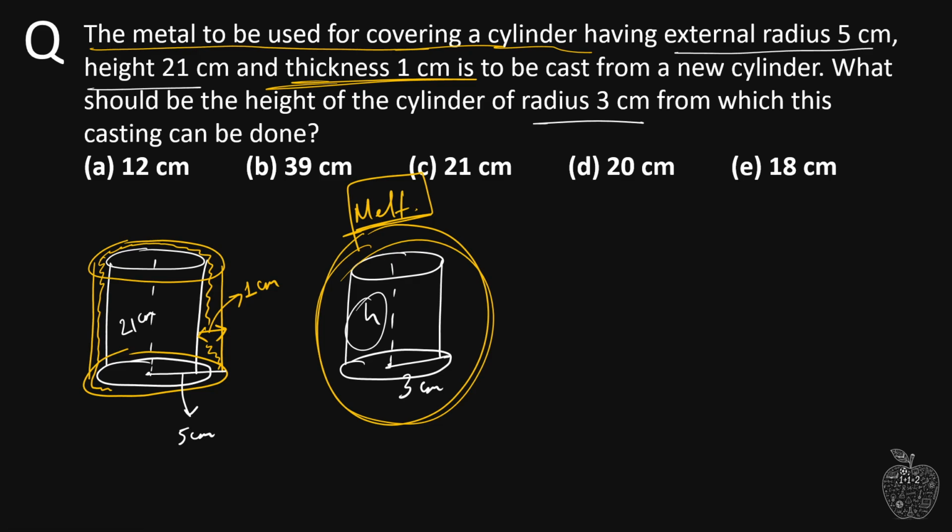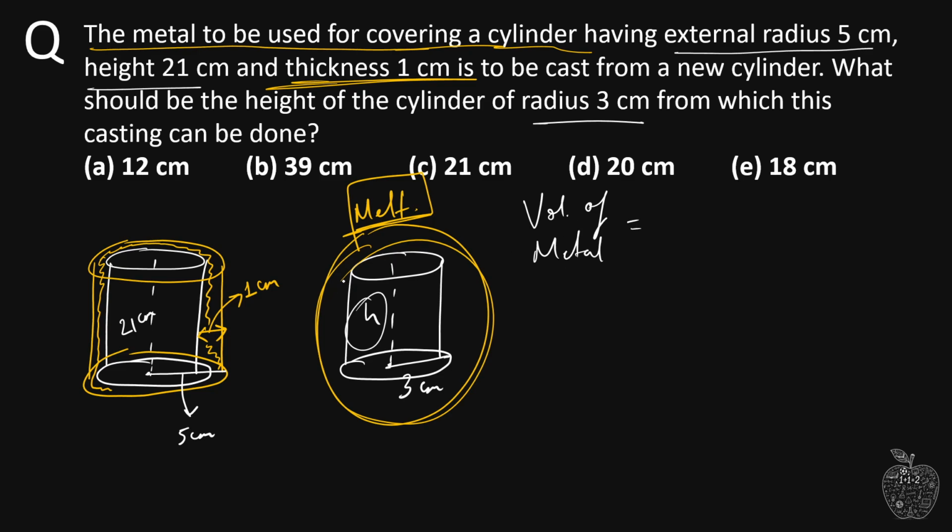This is common sense because we are melting this cylinder and then covering with it. So the volume of the external covering should be equal to the volume of the cylinder that is to be melted. So the volume of the metal will be equal to, okay, how do we calculate that volume?